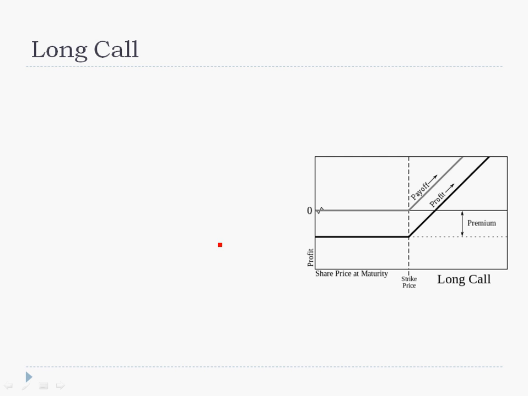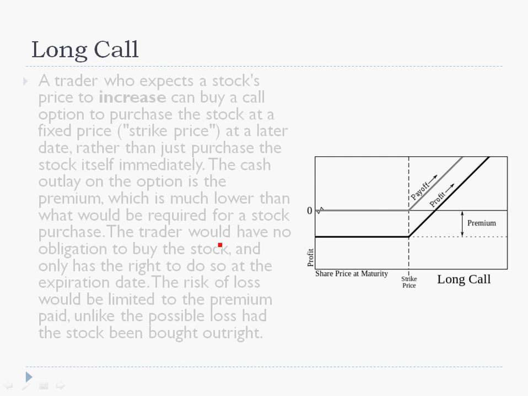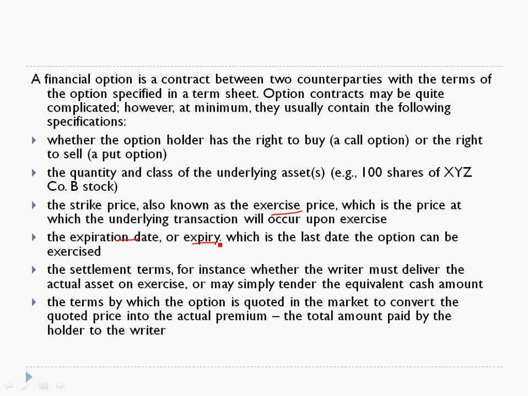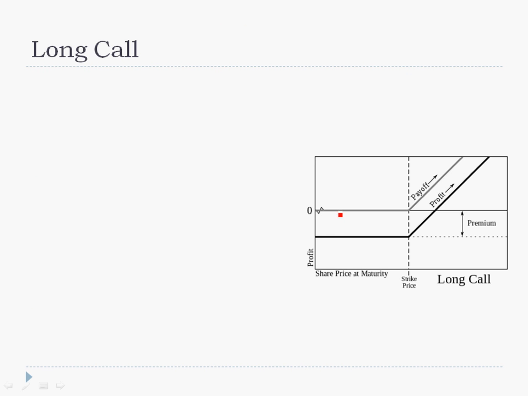So we'll look at various options, of which the first is long call. As we see, if I have the right to buy, I am holding a long position, right? So let's say I buy a call, so I have to pay a premium, right? If I don't exercise the call option, this would be my loss.